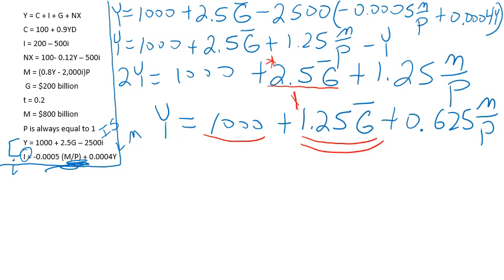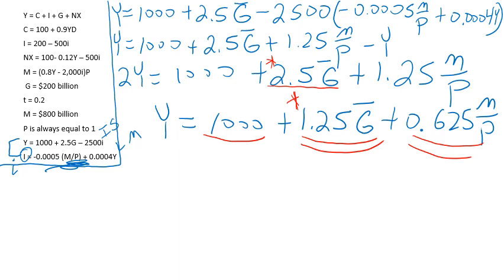And this one here, 1.25, that's the full multiplier, which considers both the goods and services market and the money market. It considers the influence of interest rates. And this second one, 0.625, well, that's the monetary policy or money supply multiplier.